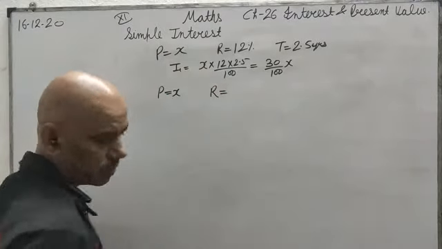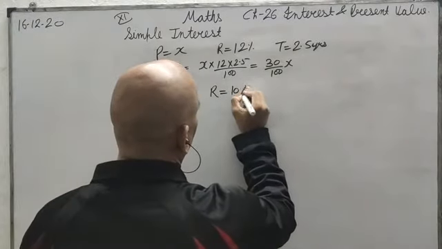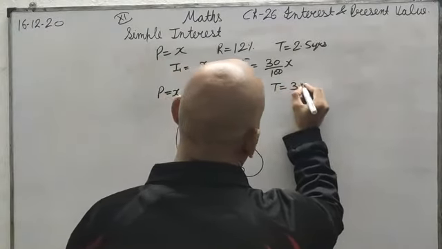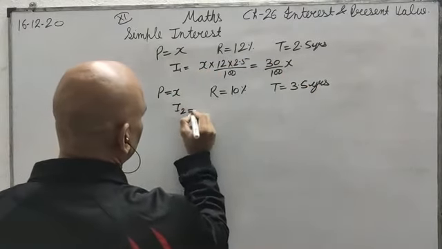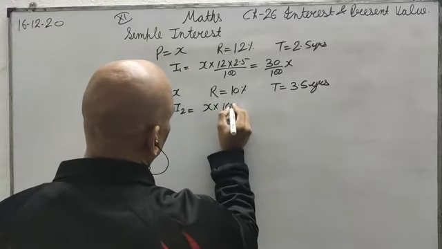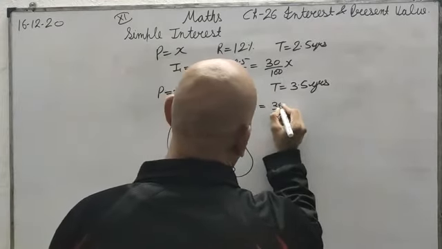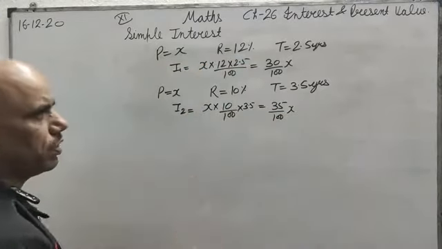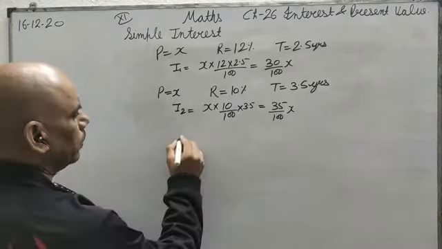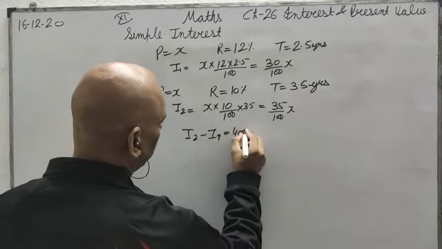Now the same sum. Rate of interest is 10%, yes. And the time is 3.5 years. So interest will be x into 10 by 100 into 3.5. Here we get 35 by 100 x. And the difference of these two interests is 400 rupees. What is given? That the difference of these two interests is 400.